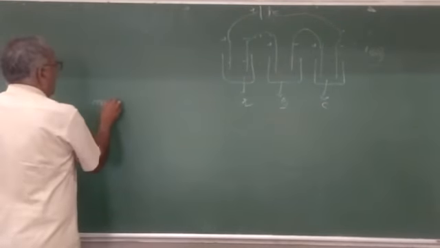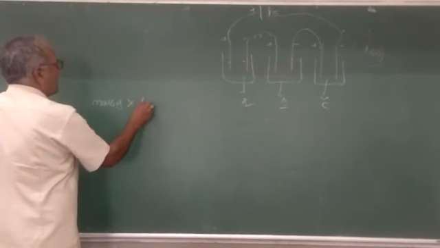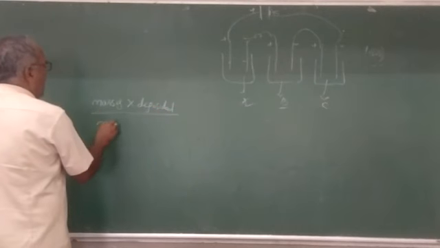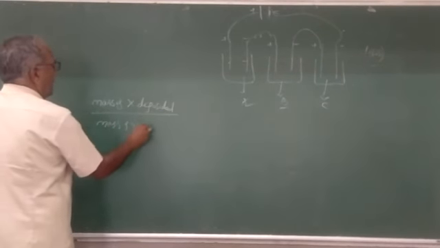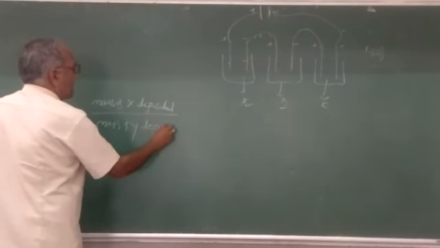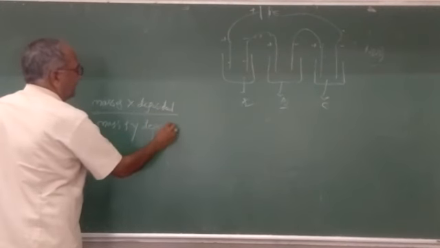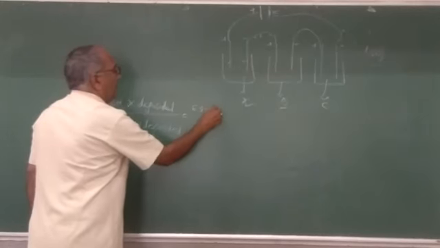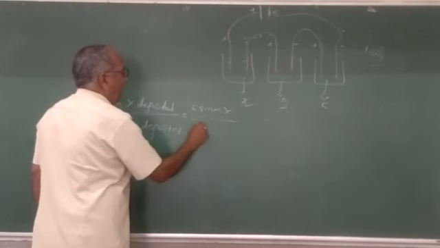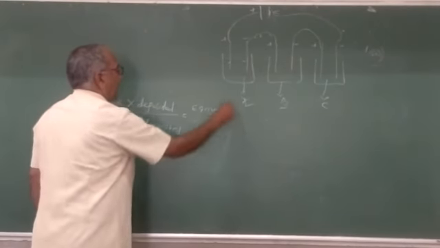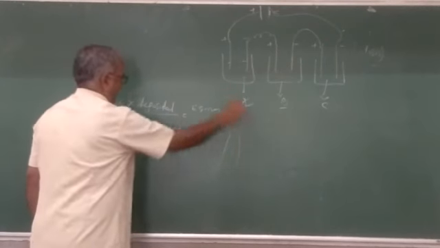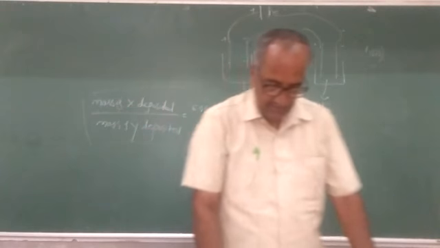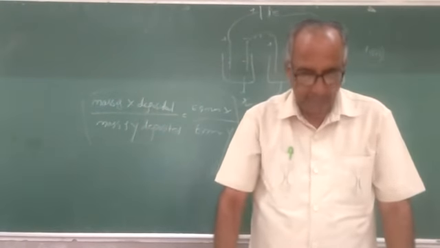Then the mass of X deposited divided by mass of Y deposited is equal to equivalent mass of X divided by equivalent mass of Y. So this is the mathematical expression of the second law of Faraday.